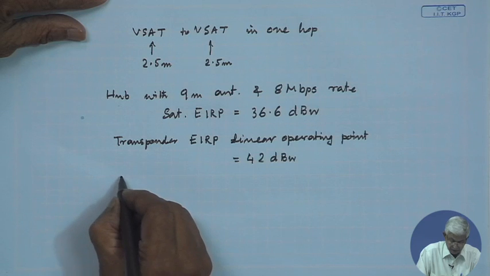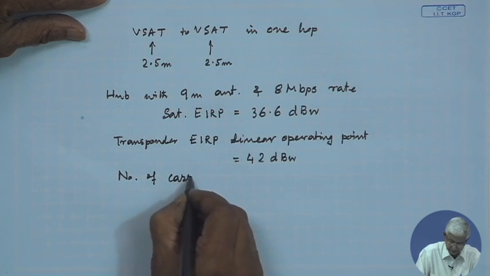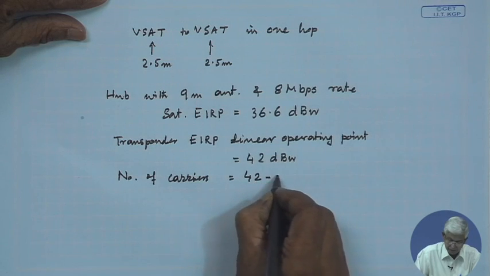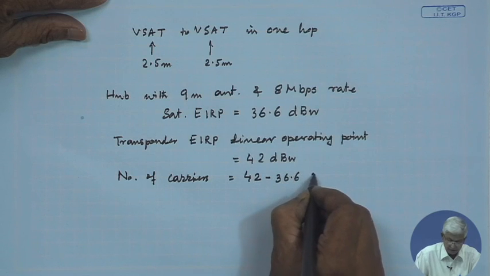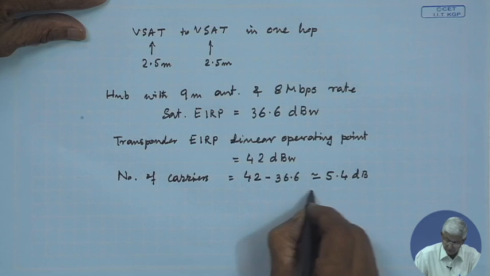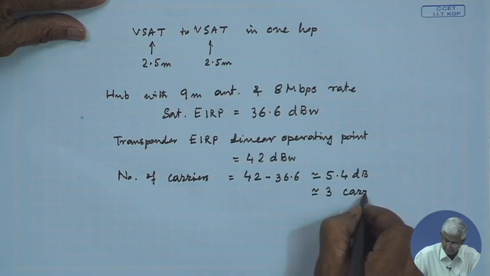So, the number of carriers: 42 minus 36.6 is 5.4 dB, which corresponds to roughly about 3 carriers.